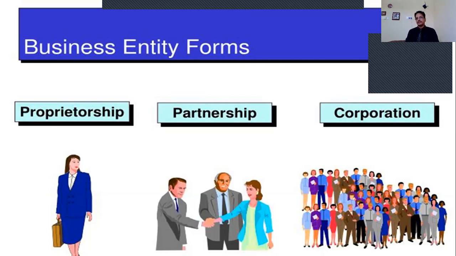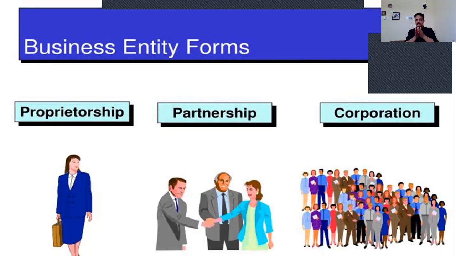Why? Because of the separation of owners and management. The company's real owners are the shareholders, those who have invested money in the company, but it is managed and controlled by the board of directors, the elected body. Whatever the board of directors are doing is on behalf of the shareholders.